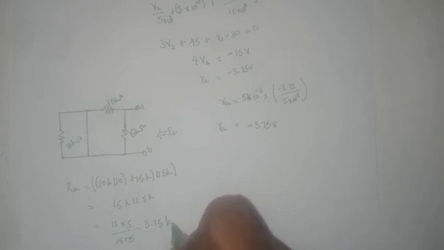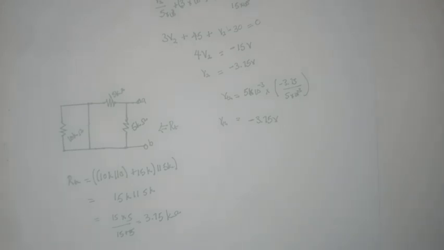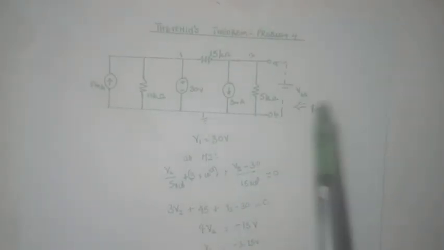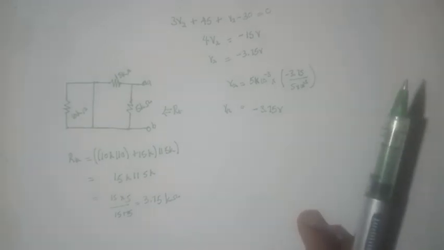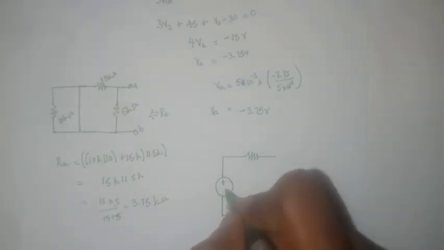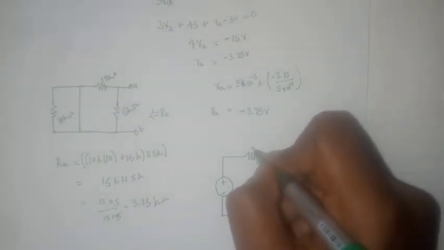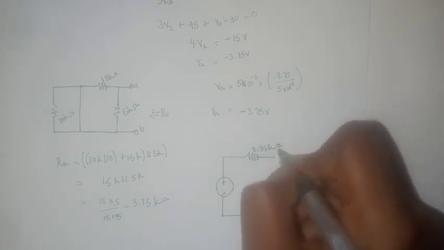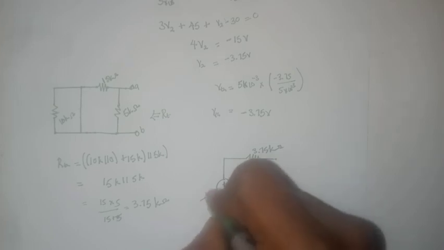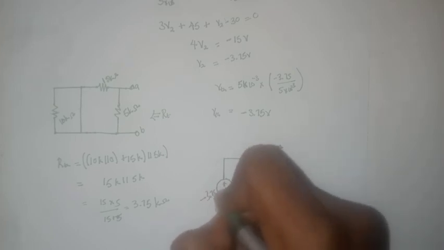Okay, go ahead to draw the Thevenin equivalent of this circuit using the information we have, and it will look something like this. We have 3.75 kilo ohms here, and we have minus 3.75 volts.